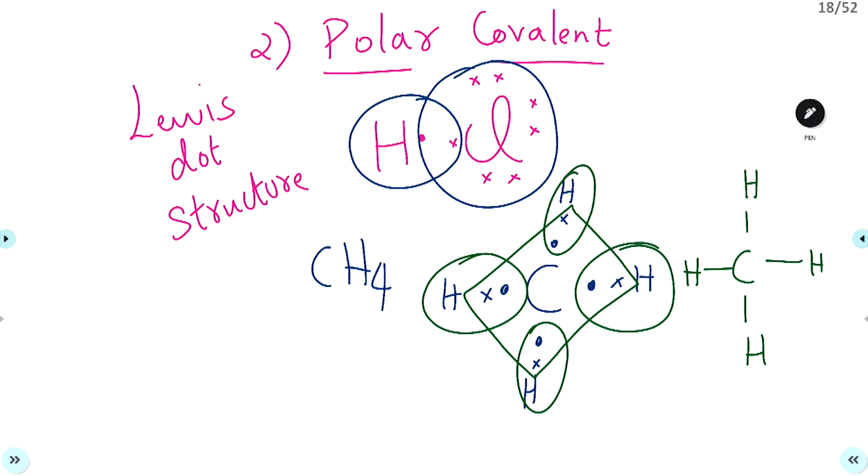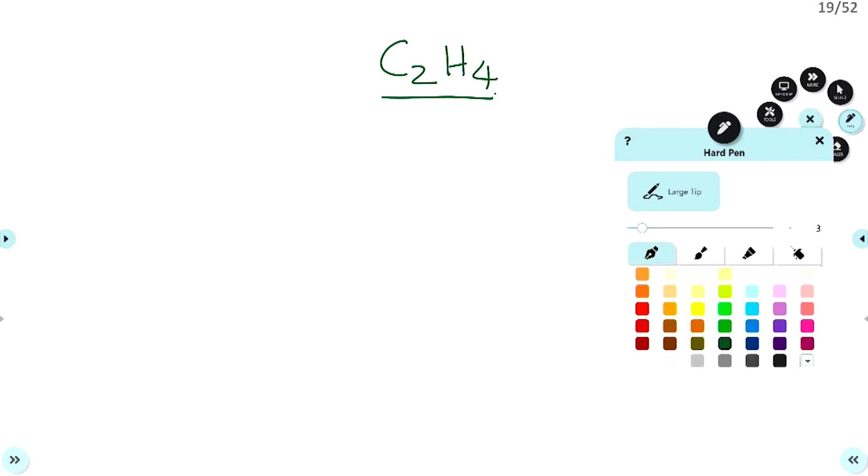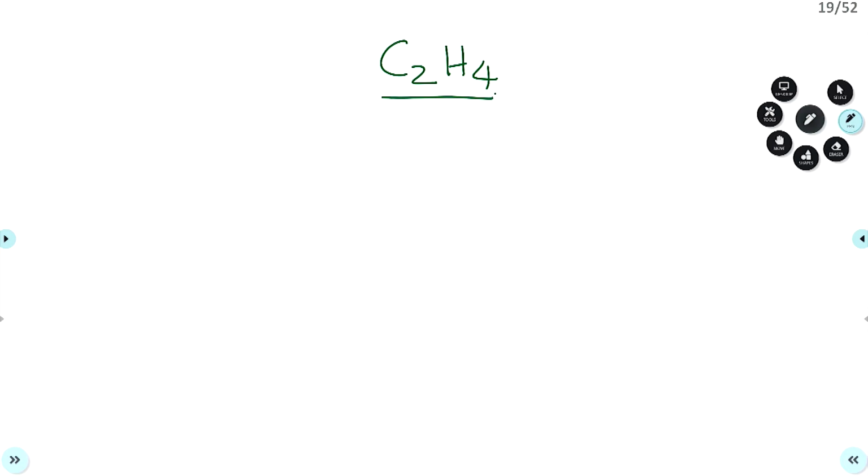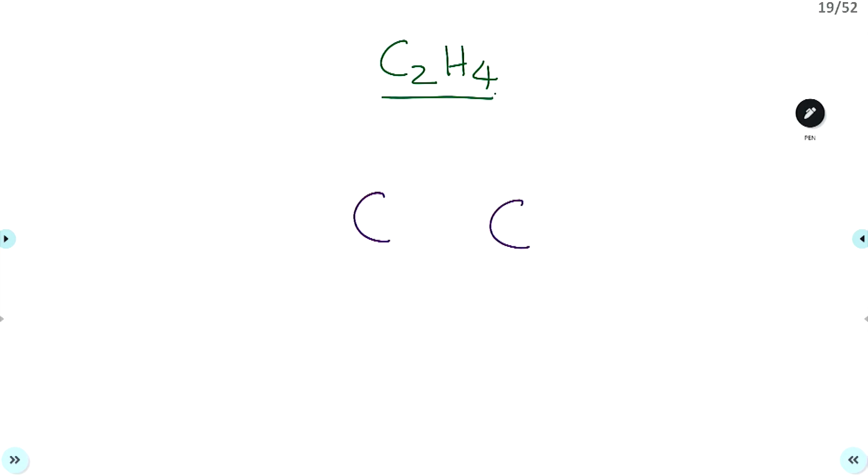Alright, understood? Yes. So one more example I will show you in carbon compounds. C2H4, okay. Now let us see. Now actually C2H4 is called ethene, which consists of double bond, okay.